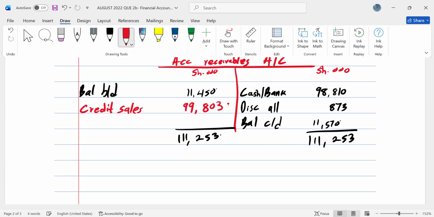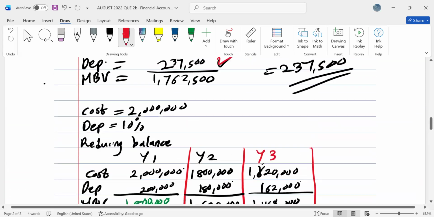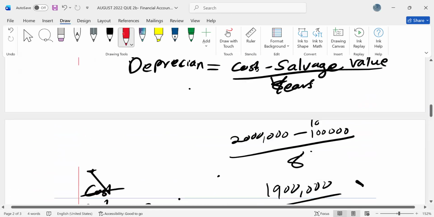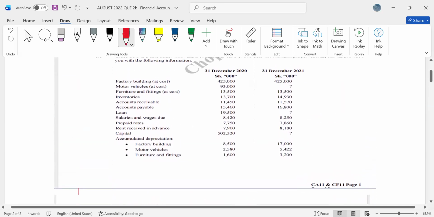Remember, when we will now be preparing our income statement, we'll need to have the figure for sales. Sales is equal to cash sales plus credit sales. In our question, there's somewhere they have given us cash sales.